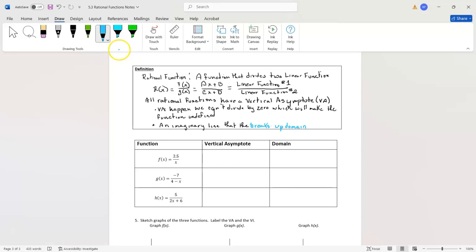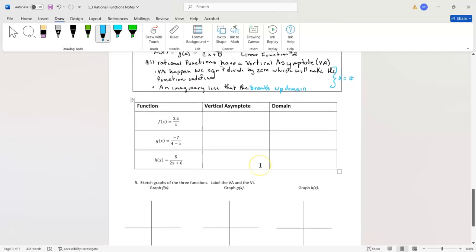And that imaginary line, or that vertical asymptote, is always going to be of the form, since we're breaking up the domain, that means we're drawing it vertically through the x-axis or the input axis. So the equation for this is x equals some value, where that imaginary line is going to be created.